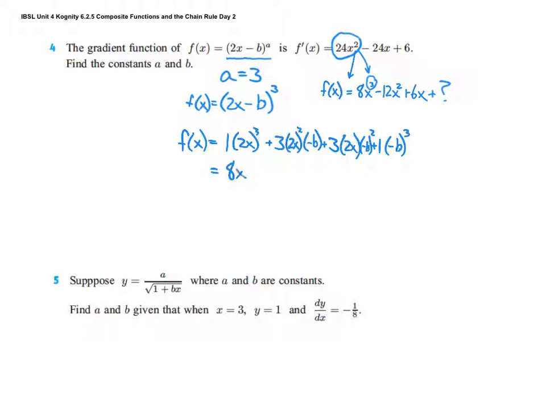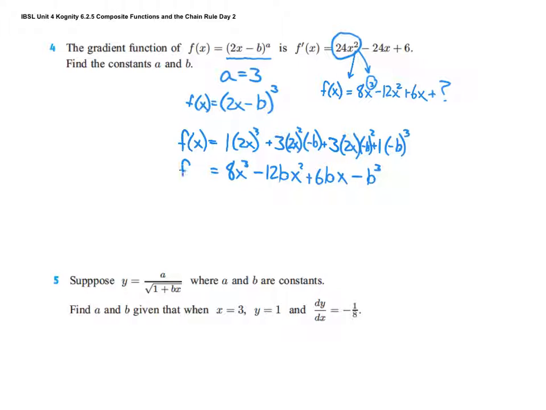We get an 8x cubed. We have a minus 12b x squared. Oh, not 6, 12. Plus, because the negative is squared, plus 6b squared x minus b cubed. Okay?